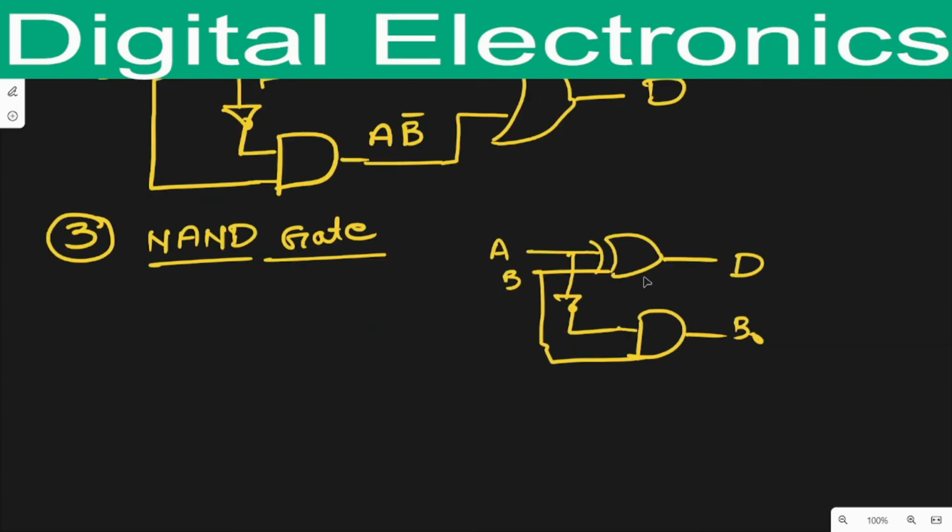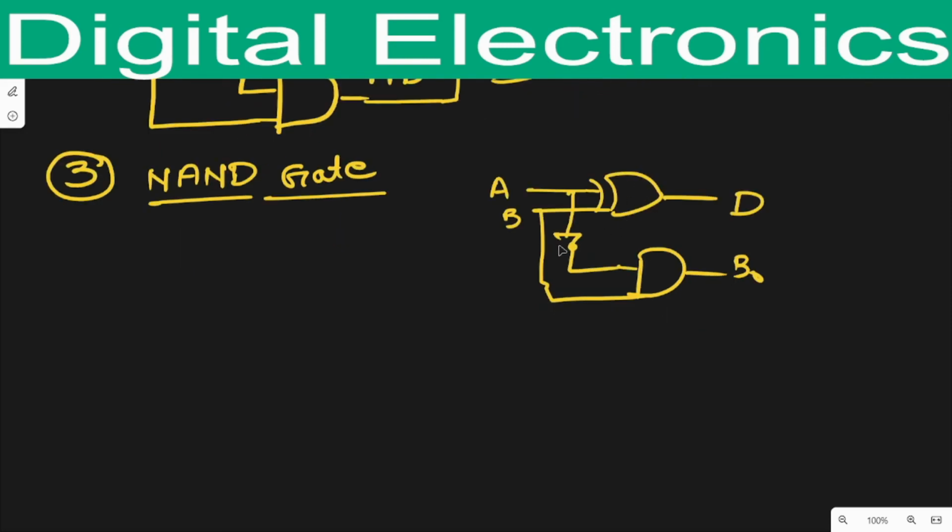So here I am trying to represent this XOR gate, this NOT gate, and this AND gate by using NAND gates. We can draw the XOR gate by using NAND gates as this one, this one, this one, and this one.